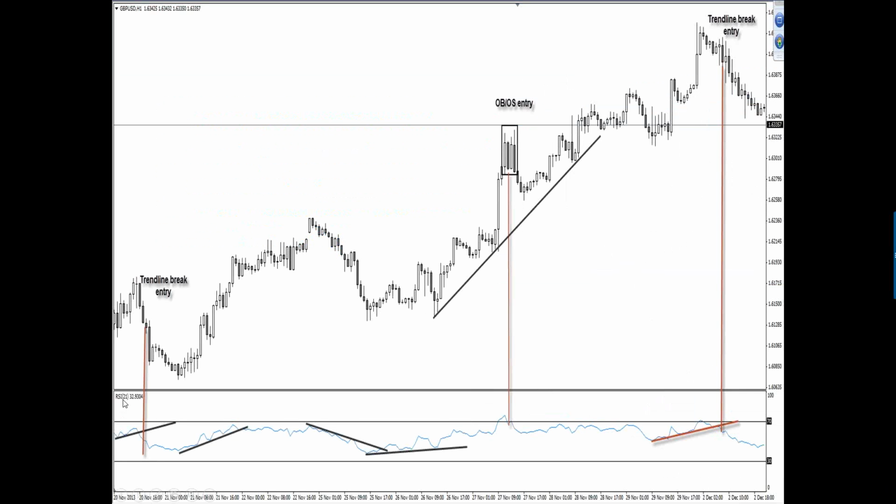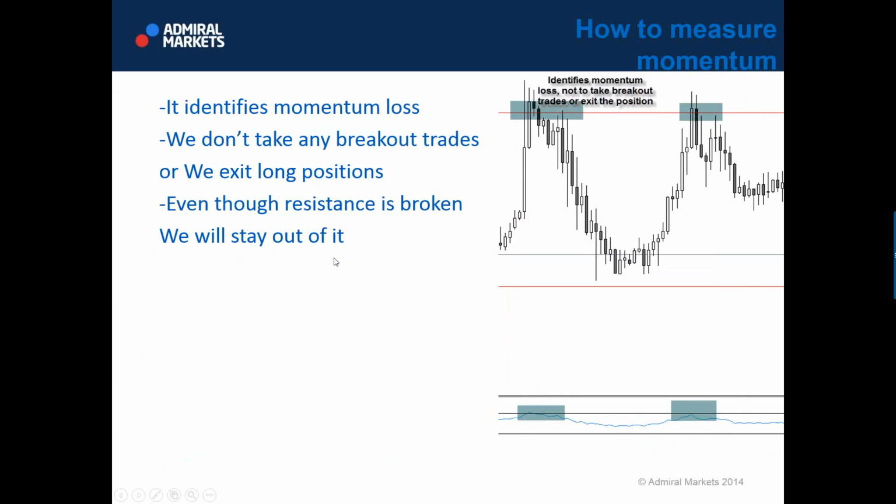And 21 is a good setting. When I was using RSI, I used 21, but I think that 9 is also okay. It depends from system to system. Usually RSI is used in systems, not in naked trading.